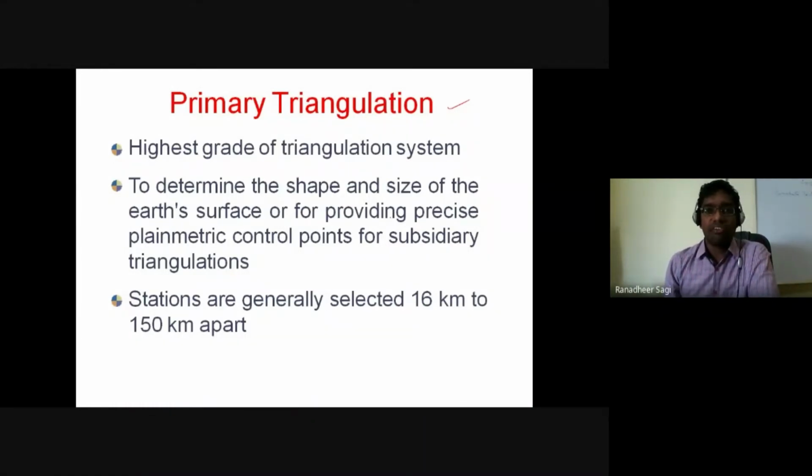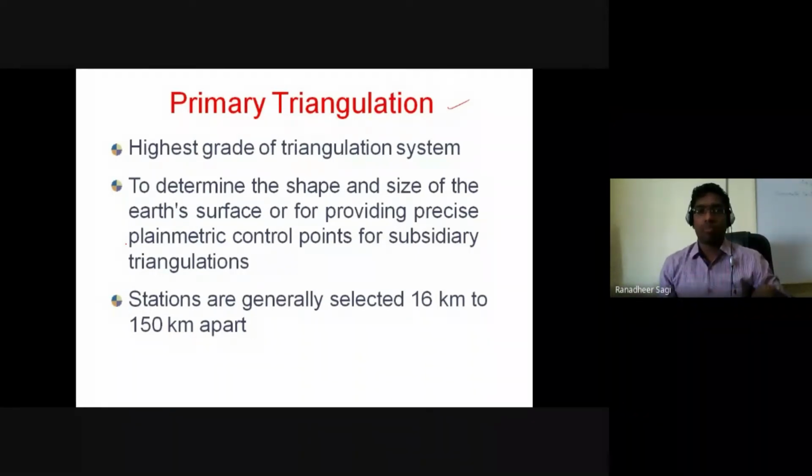So a high grade of triangulation system, with high accuracy, is what you get with this primary triangulation network. This type of triangulation network is more commonly adopted if the area in which your triangulation network is to be represented is relatively very large.